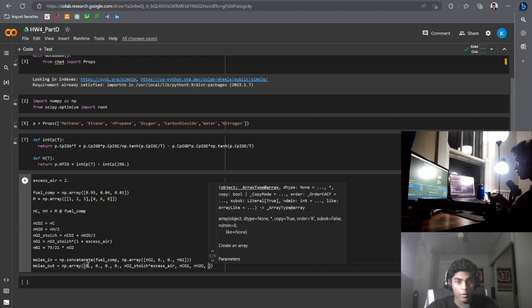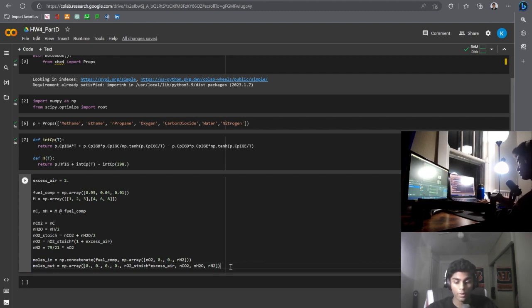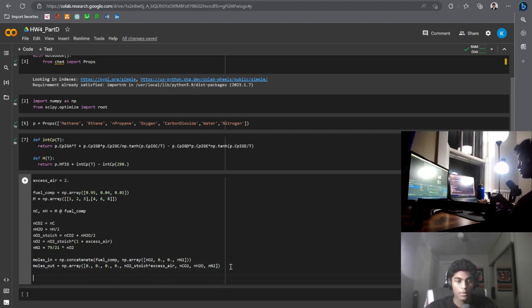And for our nitrogen, that's just going to be the same thing there, because nitrogen is not being used in our reaction here. It's not part of the reaction that we look at. So let's go ahead and finish this off and round this out.